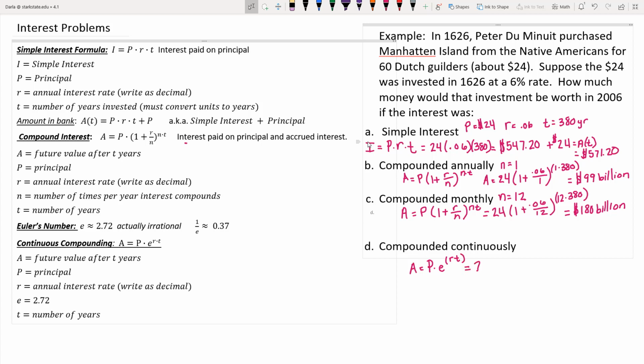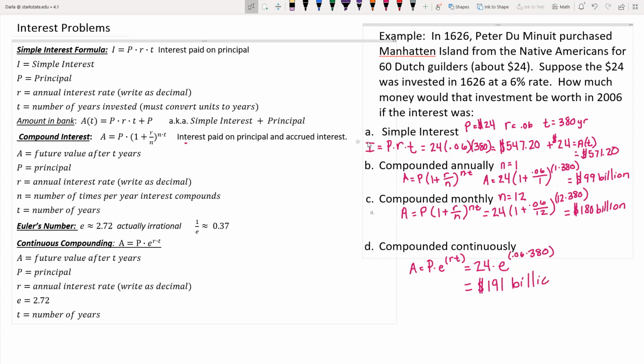Our principal is 24 again. e is e, and there's the e button on your calculator if you need it. And then 0.06 times 380. If you type this in your calculator, make sure that the e is being raised to the power, not the 24 times the e. When we calculate this, we end up getting 191 billion.